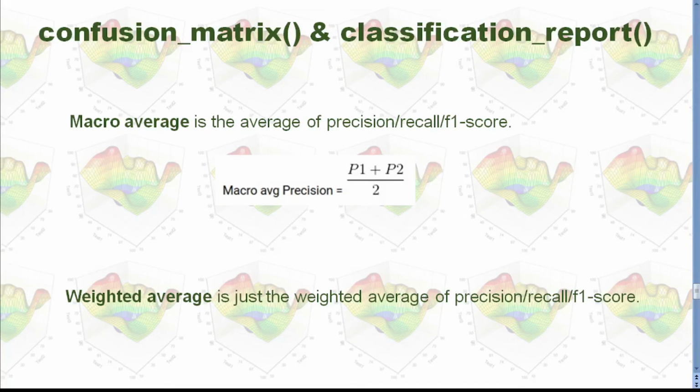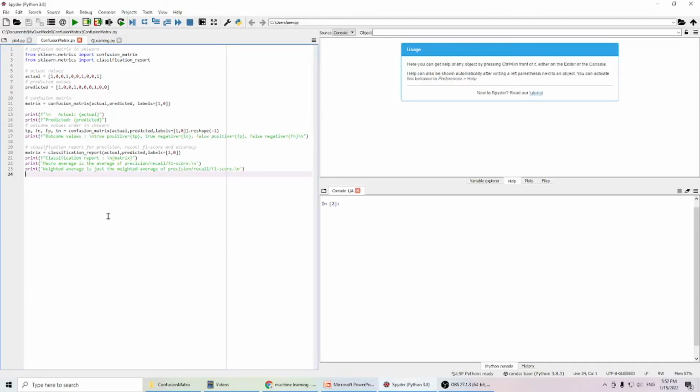Now let's go to Python to see how we use those functions. First, we will import those functions. And we have actual value here, and we have predicted value here.